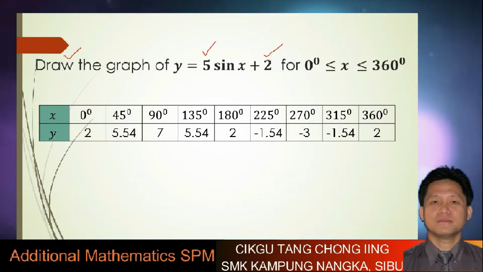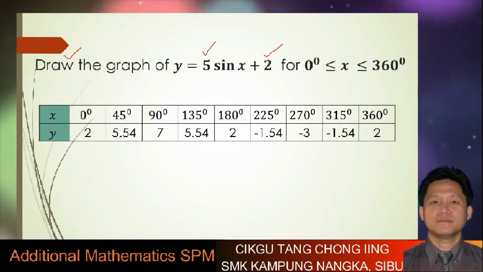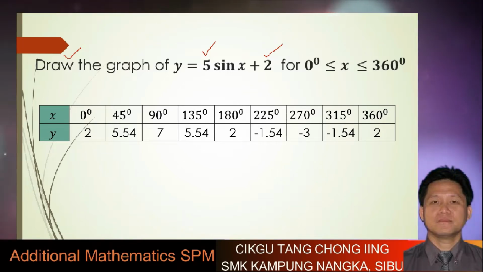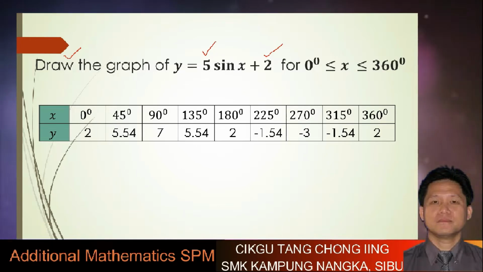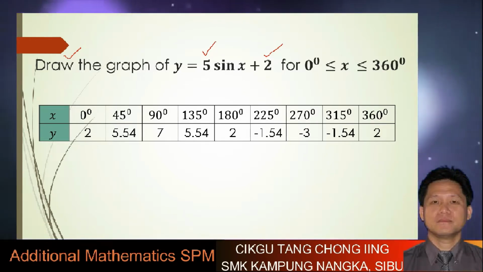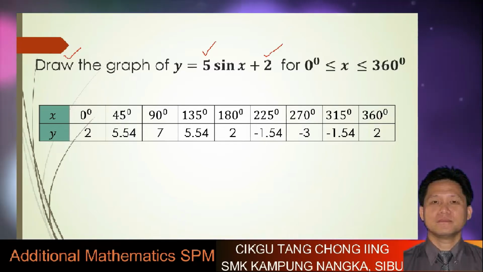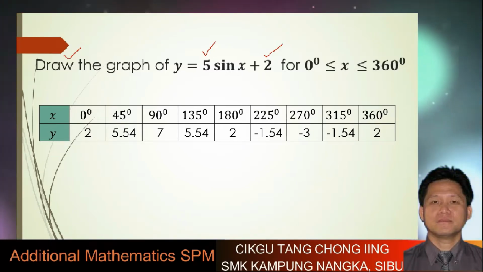And you substitute the values of x into the function, you will get the values for y. For example, if you substitute x equals 0, then the value of y is 2. If you substitute x equals 45 degrees, then you have y equals 5.54, and so on.